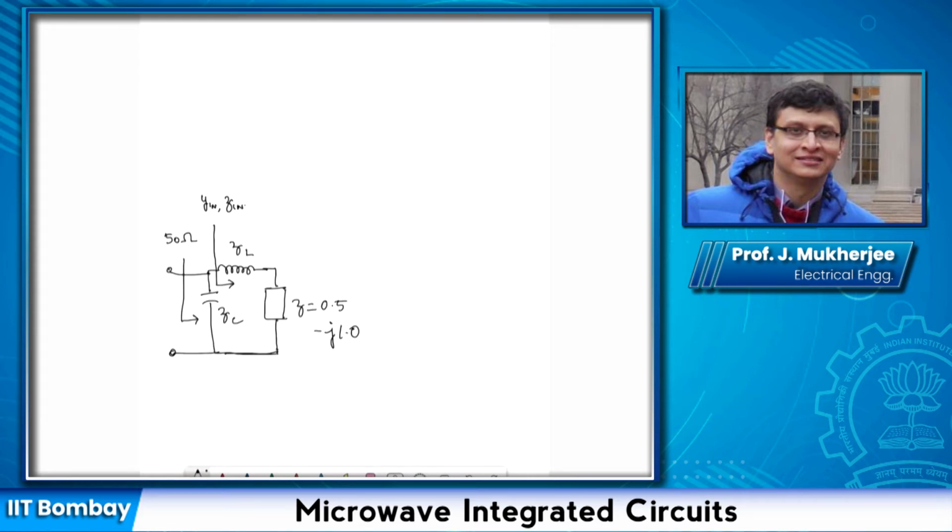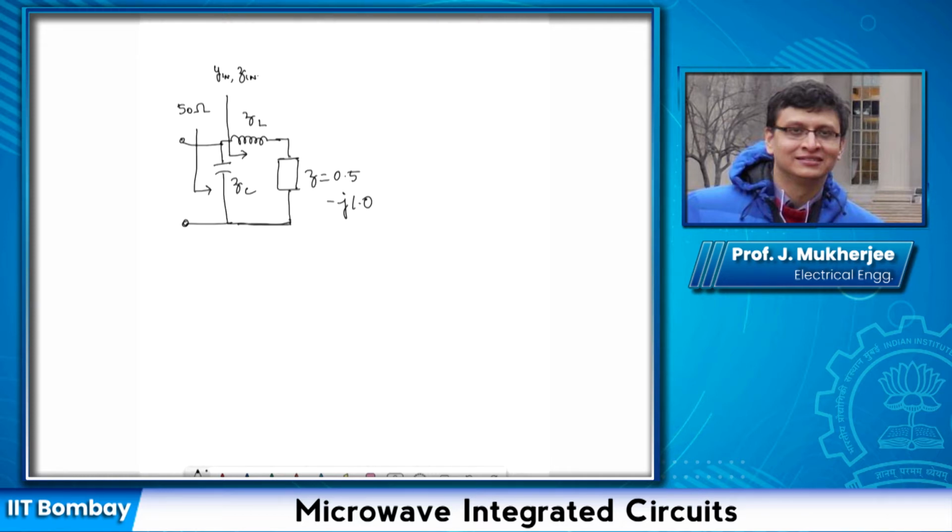So in terms of the Smith chart, it's like this. Okay. So Z equal to 0.5 minus j 0.5.